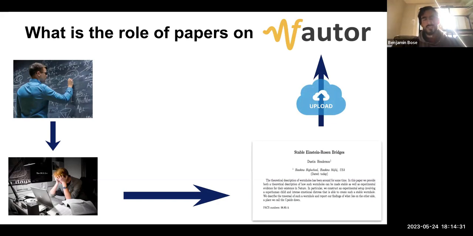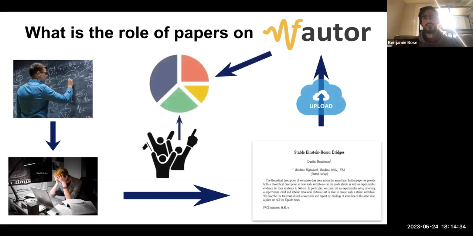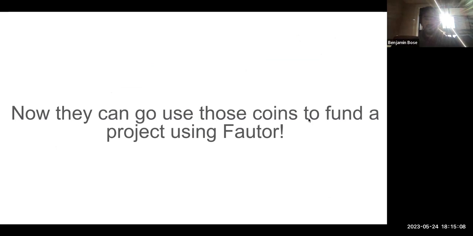And by doing that, they also generate a number of shares, which other users on the platform can then go and buy. Through this purchasing process, the author of that article gains some remuneration. And then those coins or that money that they generate through these shares can then be spent on funding research projects, as we saw in the previous slide. So now they can go use those coins to fund a project on Fautor.